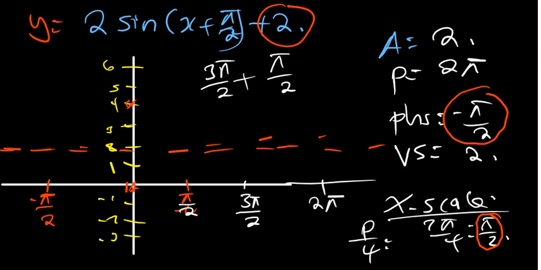I have a question on why are we leaving out the negative when we're adding? No, we are adding this plus pi over 2 is 0. 0 plus pi over 2 is pi over 2. Pi over 2 plus pi over 2, can we get 3 pi over 2?